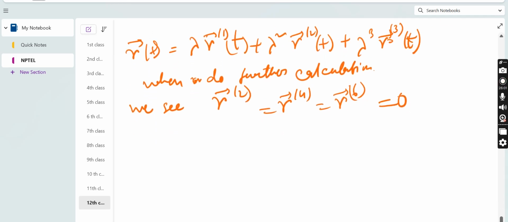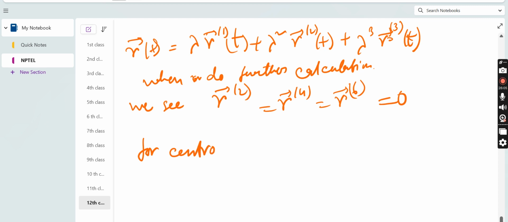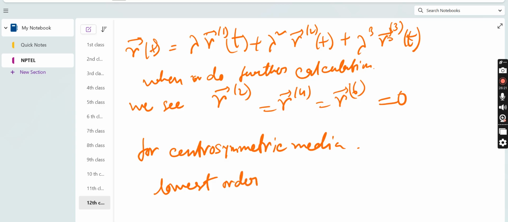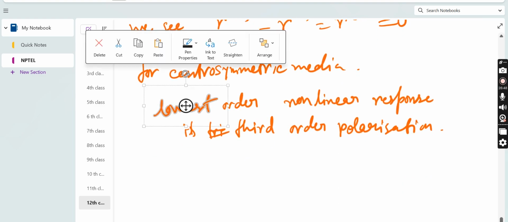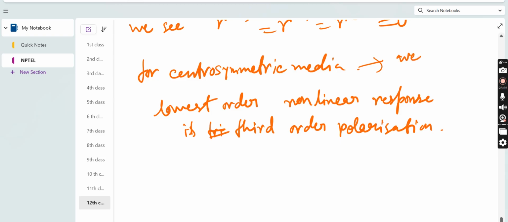That means for centrosymmetric media, first order nonlinear response, so for centrosymmetric media, we do not get SHG.